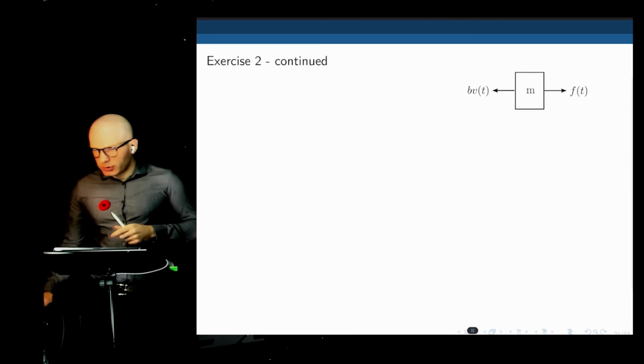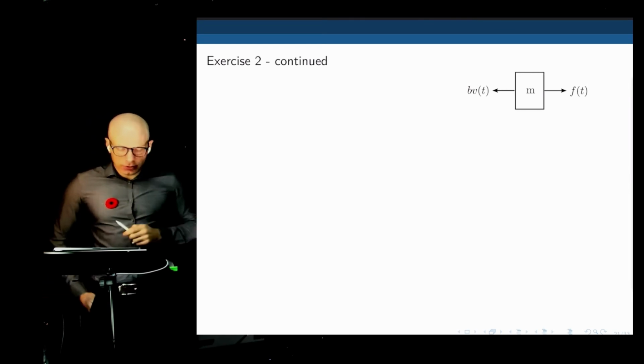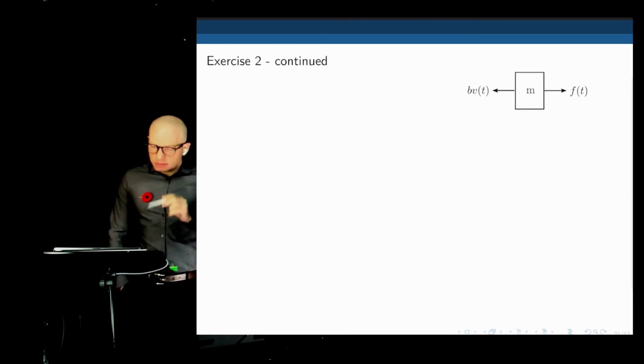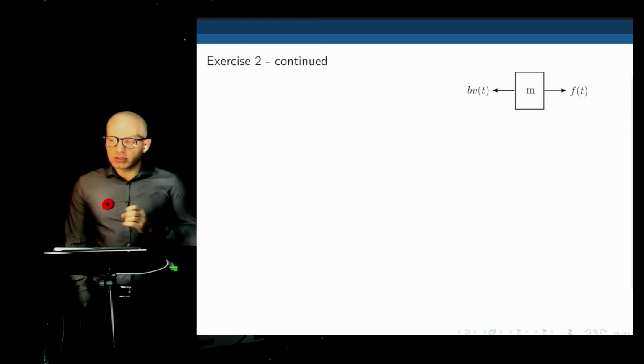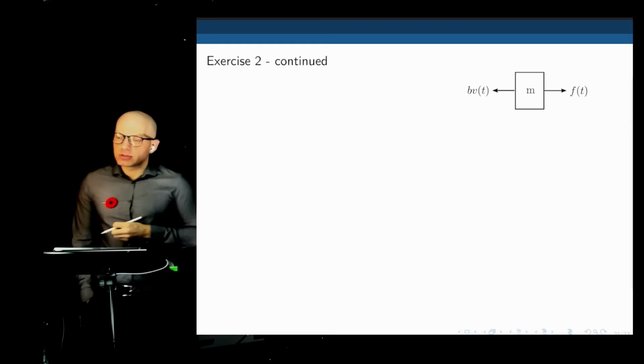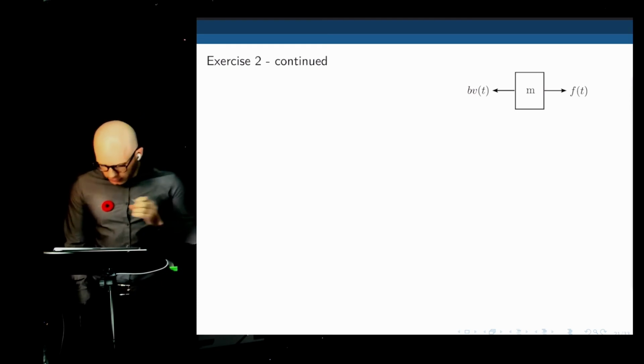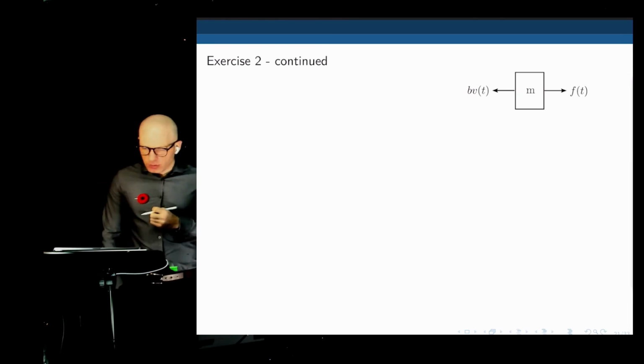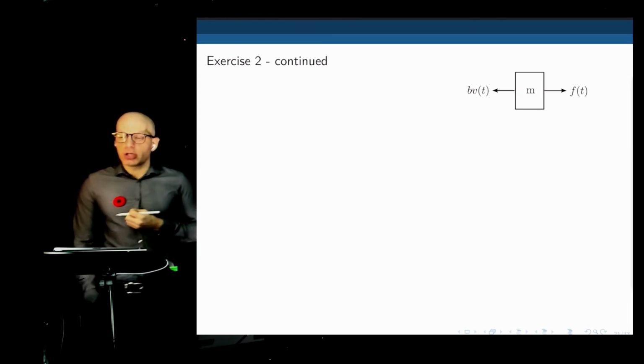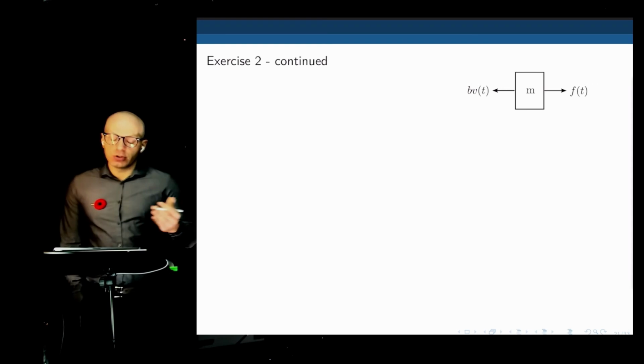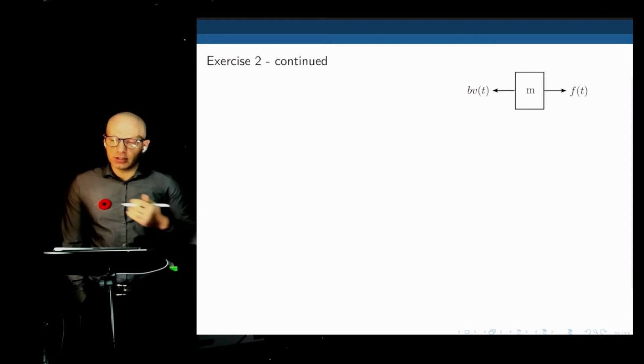So you're applying a force to the system. The muscle simply has a viscous damping in it. And we want to calculate the Bode plot as the ratio between the force we apply to it and the output speed.